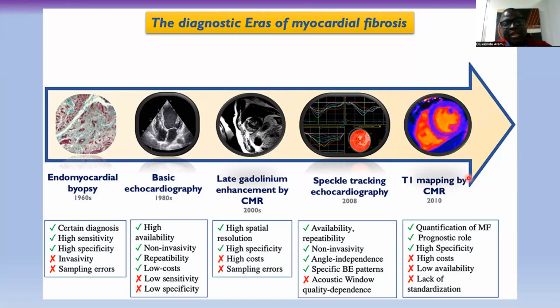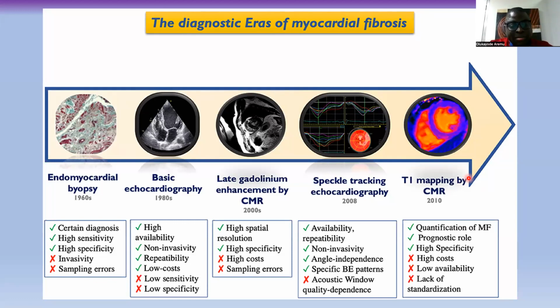Echocardiography came into play in the 1980s because of some of the disadvantages that we'll talk about just now. CMR also came into play in the 2000s. Speckle tracking echocardiography came into play in 2008, and T1 mapping, which we will go into very soon, came into play around 2010. Endomyocardial biopsy had some advantages and disadvantages.